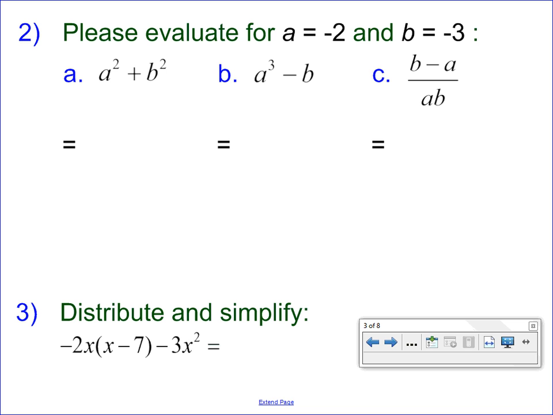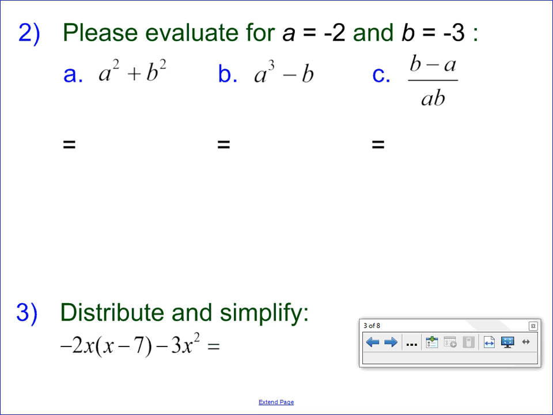Is that what a squared is when a equals -2? No, we've learned that any quantity squared represents a positive value. When I have any real quantity like -2 and I square it, the result will be a positive number. So let's try.